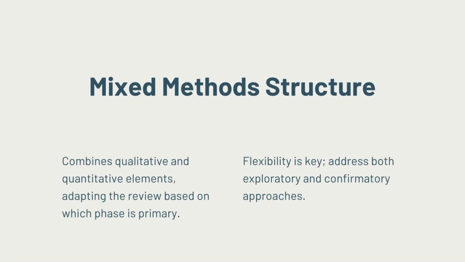Lastly, we have mixed methods studies. So, the literature review in this type of studies can be complex because it has to address both qualitative and quantitative elements. A sequential exploratory study, for example, may begin with a limited review of literature. And that's because in a sequential exploratory study, the qualitative phase or the qualitative study comes first before the quantitative.